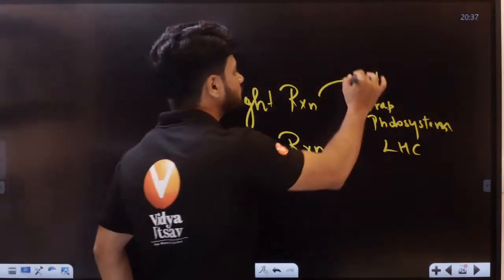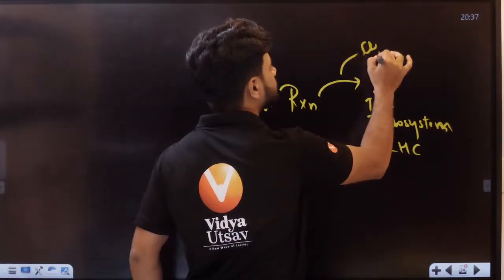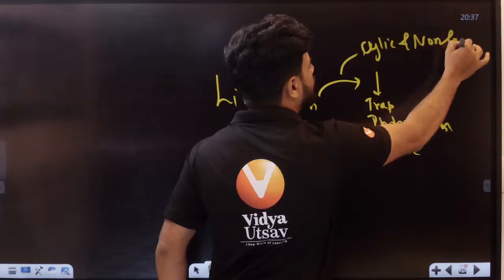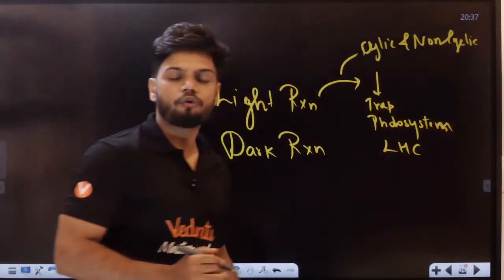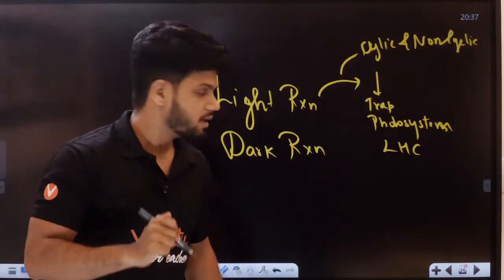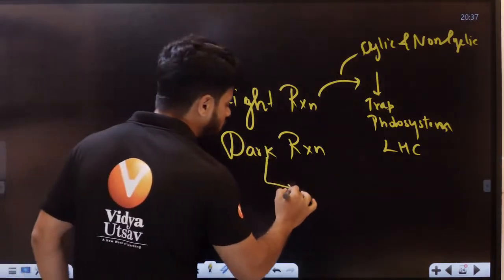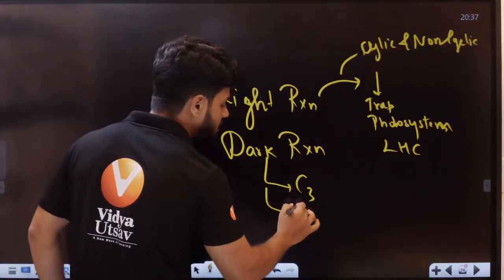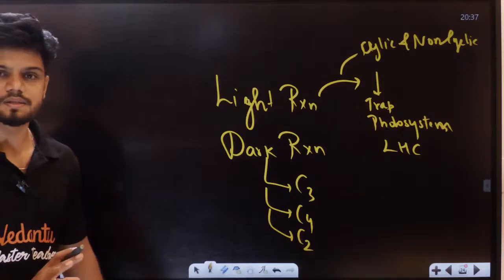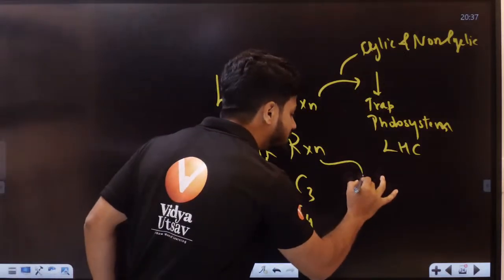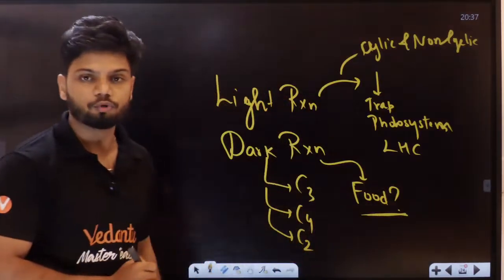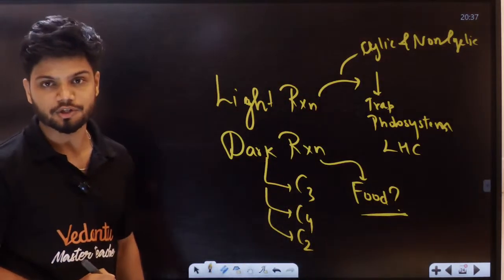We'll be learning about cyclic and non-cyclic photophosphorylation. What is cyclic and non-cyclic? In dark reaction, you will be learning the C3 cycle, C4 cycle and C2 cycle. Very easy again, students. In dark reaction, we understand how plants are making the food.